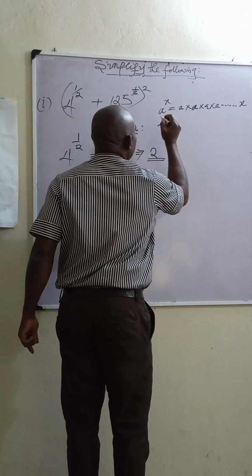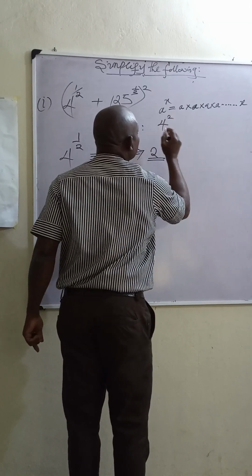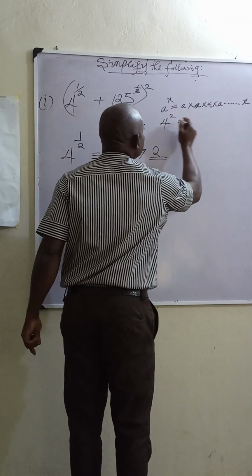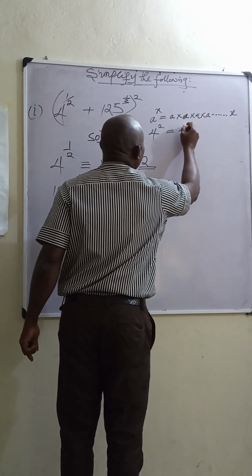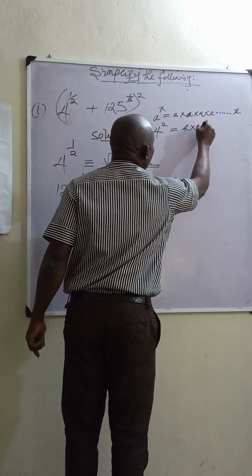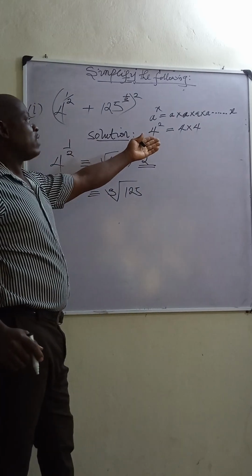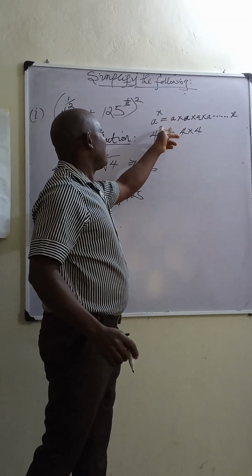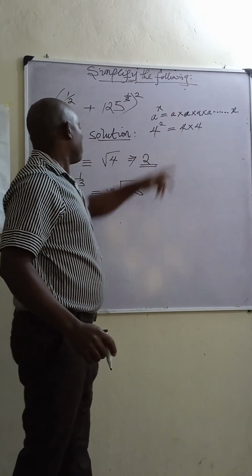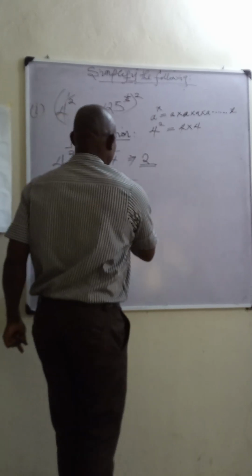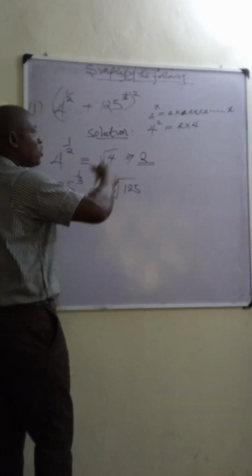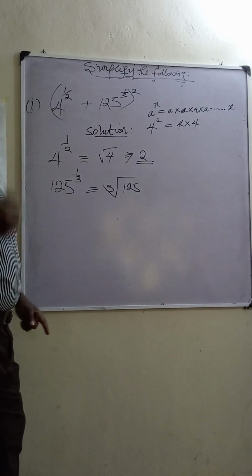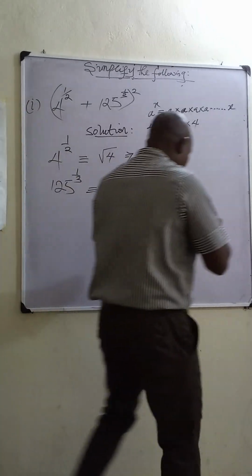If you have 4 raised to the power 2, 2 is the power, that is the index. This is equivalent to 4 times 4, 2 times. That number of times is equivalent to the power. So if we want the cube root of this number, meaning the number that will multiply itself a particular number of times to get to 125, how do we get it?